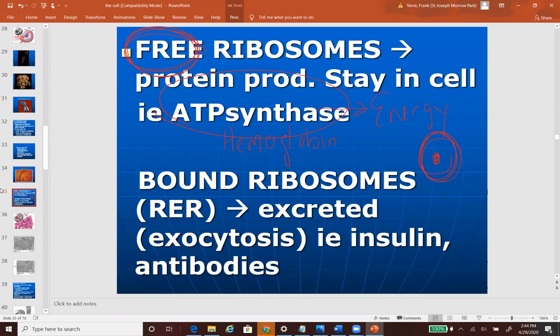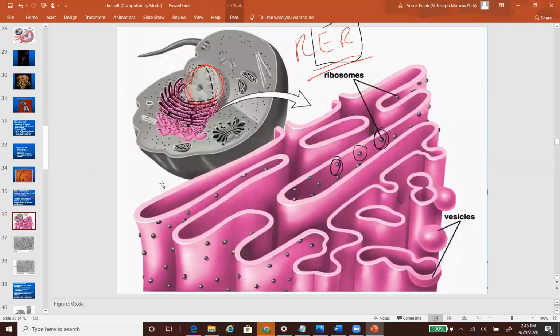So those are the two possibilities. Either the protein stays in the cell or it leaves the cell. If it stays in the cell, it's because it was made by the free ribosome. If it's leaving the cell, it was made by a bound ribosome, or basically the rough ER, okay?